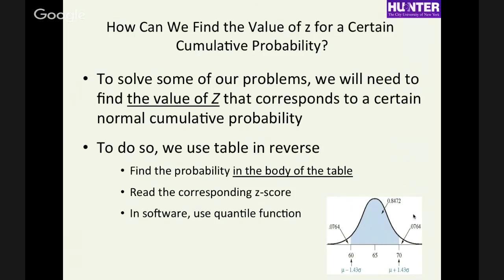In Excel, what is it? I think it's still norm.dist, but then there's an argument in it for getting a quantile. And again, if you get that wrong, if you're calculating the quantile when you meant to calculate the probability, you might still get a value, but it would just be wrong.